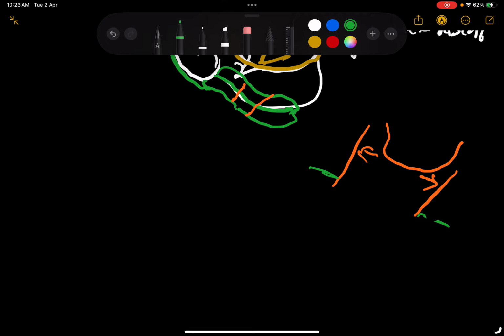Every time the head will be pushed back, the resistance of this perineum will keep on pushing this head back. So it will come down and then it will go back.